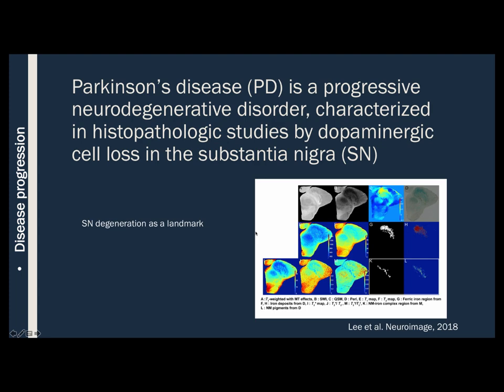So when one tries to study this region, one of the things is how we are going to define the region of interest. That's very, very critical, and I think it is a limitation in most of these morphometric studies that try to find whether one with MRI can detect these changes and progression of changes in cellular loss, dopaminergic cell loss in the substantia nigra.